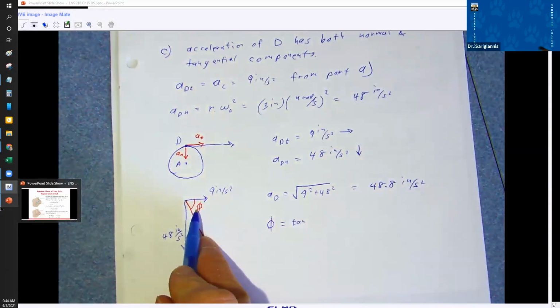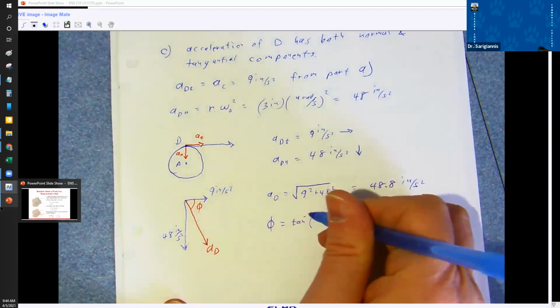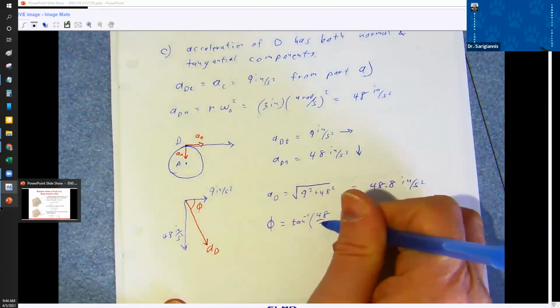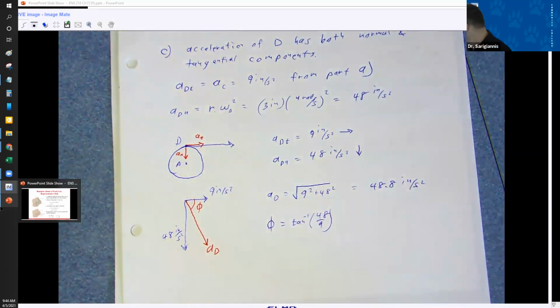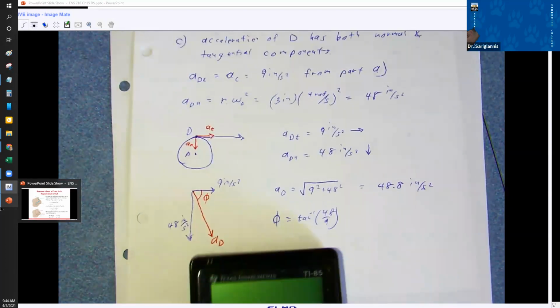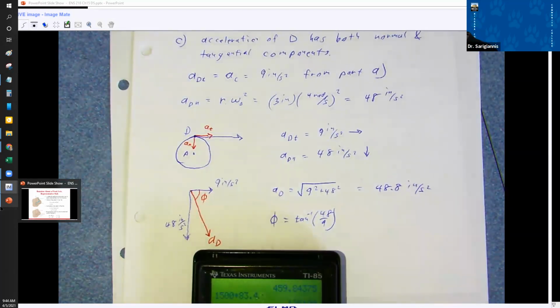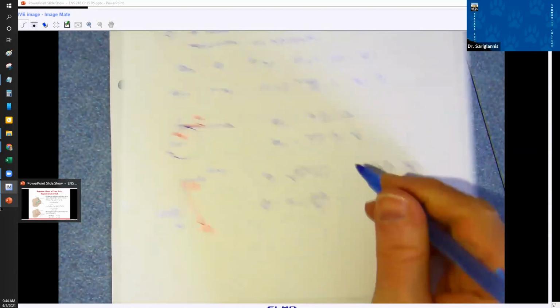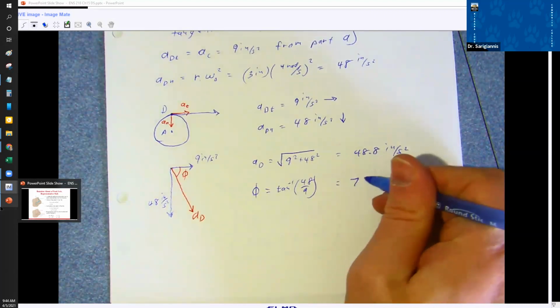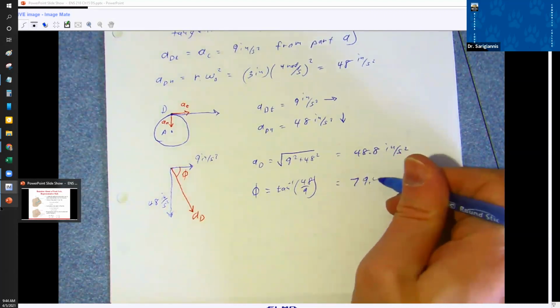So this phi here is the inverse tangent of 48 over 9. Did I number right? Let's see. Yeah, looks like I did. This is 79.4 degrees.